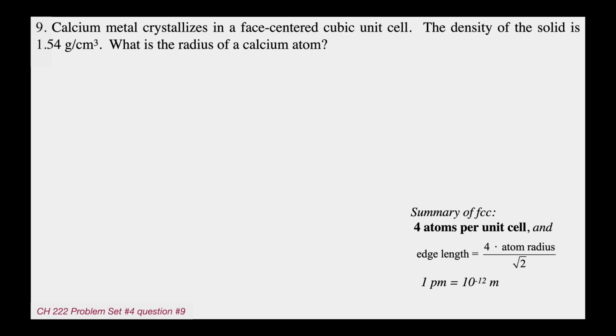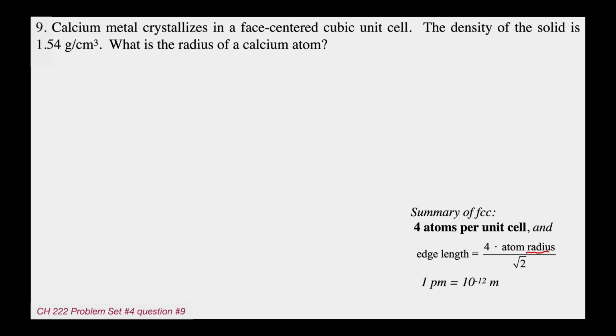Once you have mass, grams, you can turn it into volume using the density, the 1.54 grams per centimeter cubed part. If you take the cube root of the volume, that'll lead you to the edge, and edge equals 4 times the radius divided by square root of 2. So the goal of this whole lab is just to find that radius value, that R part right there.